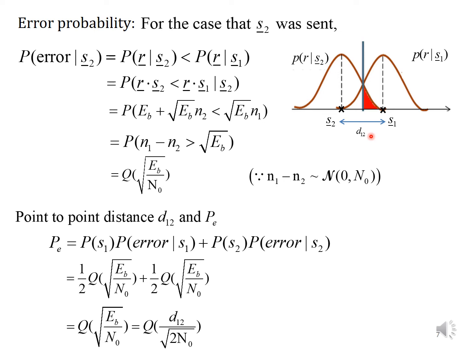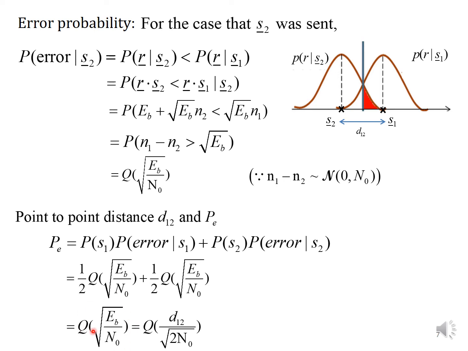In the binary PAM, the distance is 2 square root of Eb, and this is square root of 2 Eb, so the distance between S1 and S2 in this case is smaller.